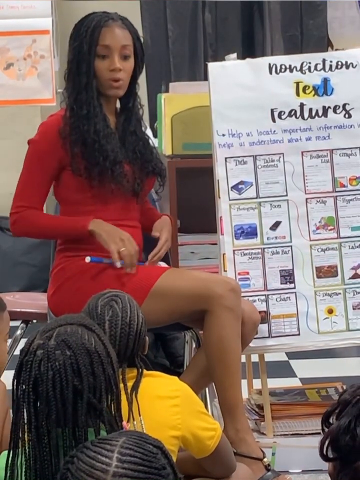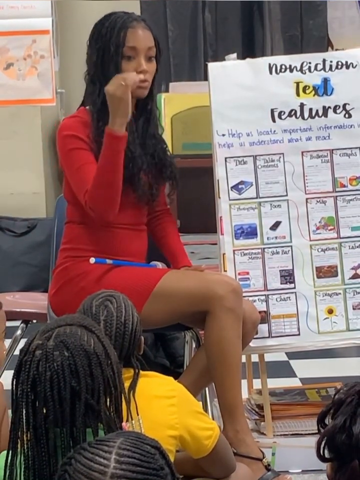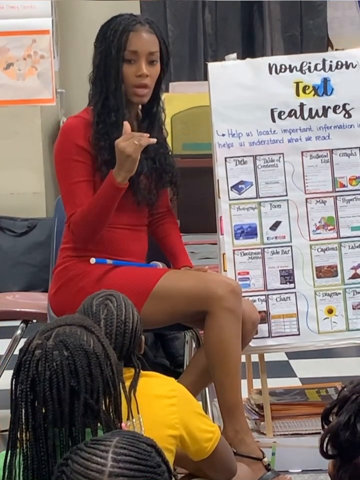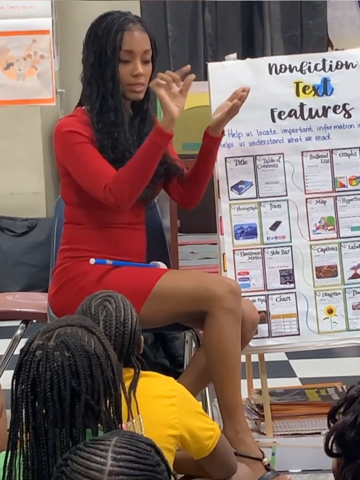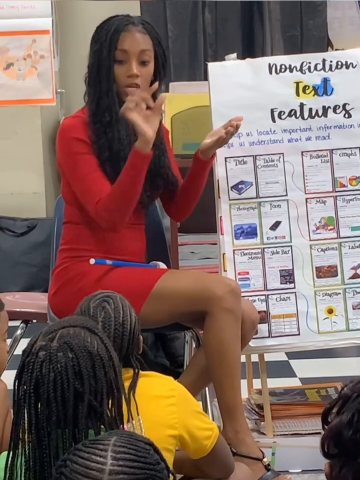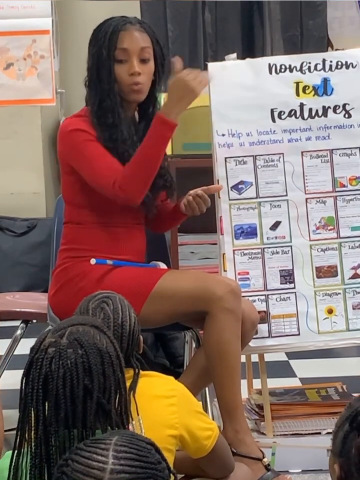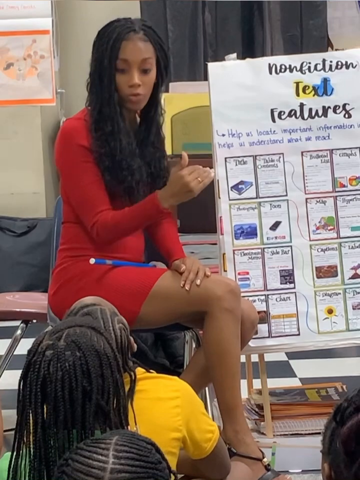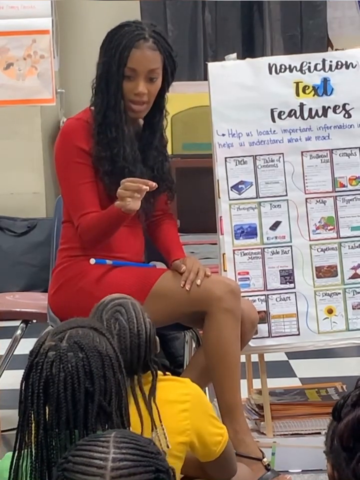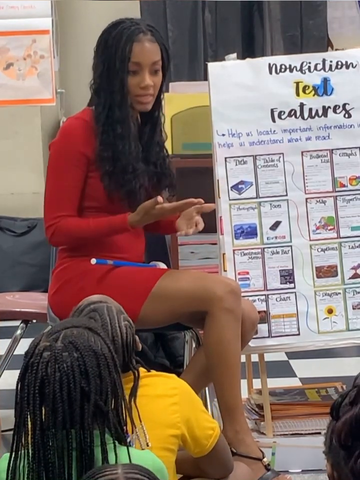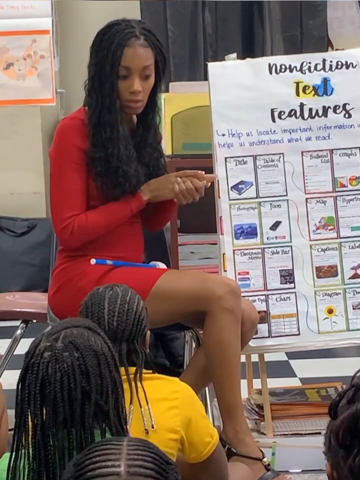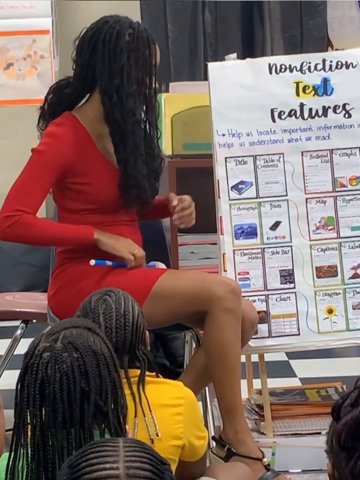So for instance, when we are reading a text and you see paragraph 1, 2, and 3, and you see that on top it has a heading for each, those headings are telling you what you're going to be reading about within that paragraph. And it also helps you with the main idea of that paragraph as well. You understand? Yeah? All right, good.